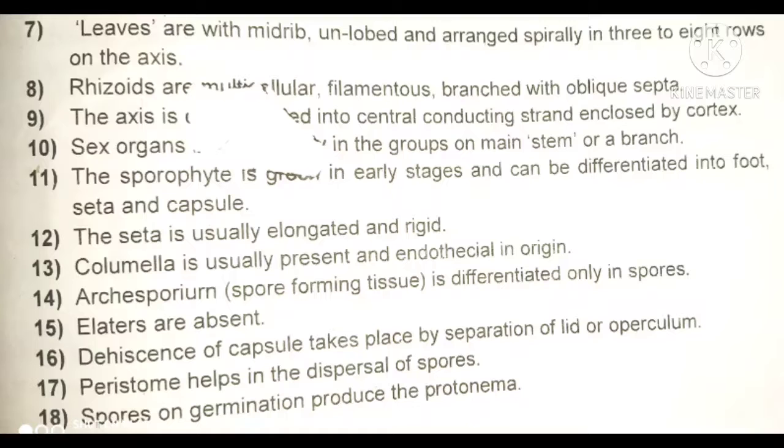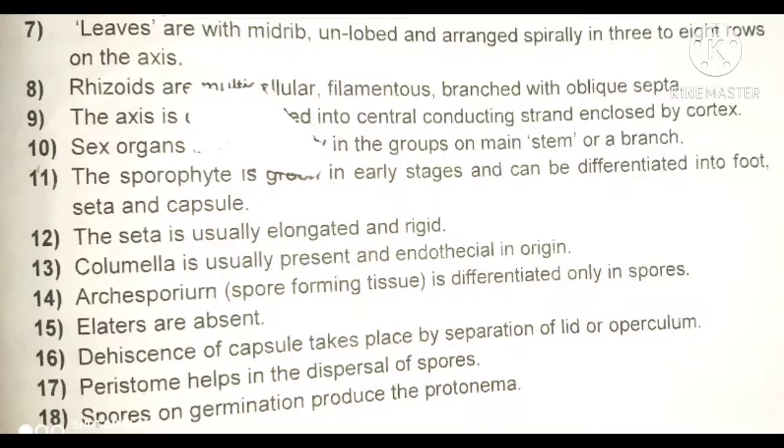After fertilization, the sporophyte is produced. That sporophyte develops at the terminal position on the archegoniophore, and it has an elongated stalk, and a capsule.